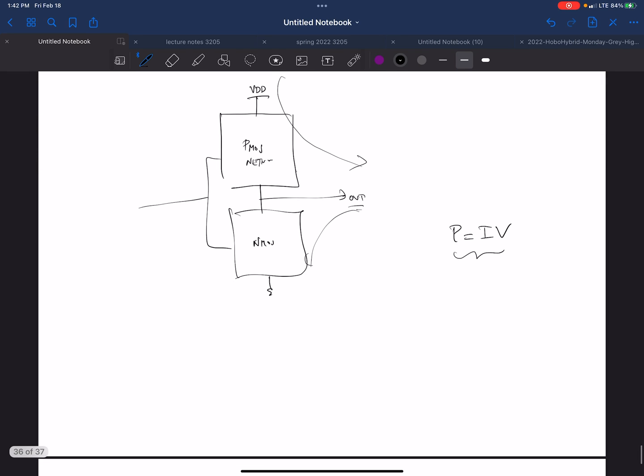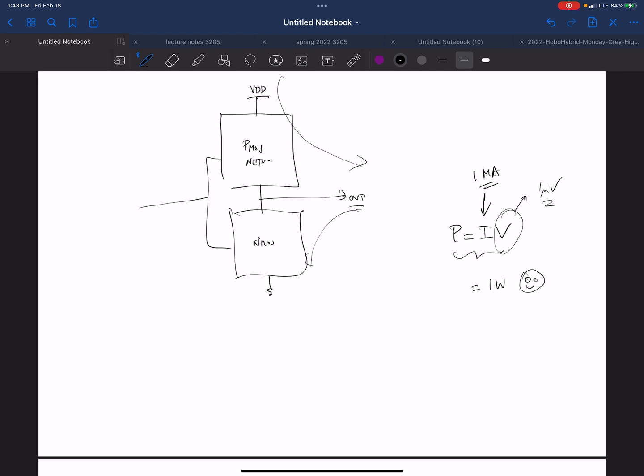So why don't I just make life easy for me and make this 1 microvolt. Then I can have 1 mega amp of current in my chip, and I only burn a watt. My cell phone will run forever.